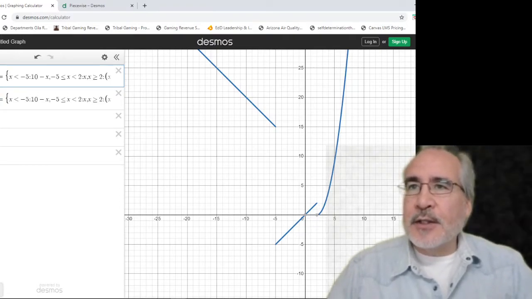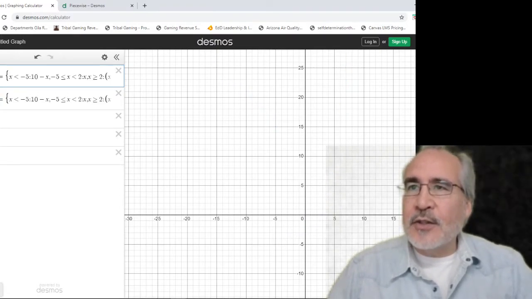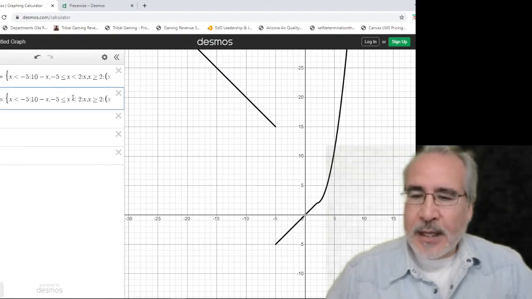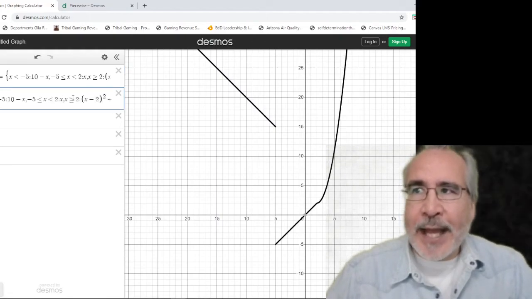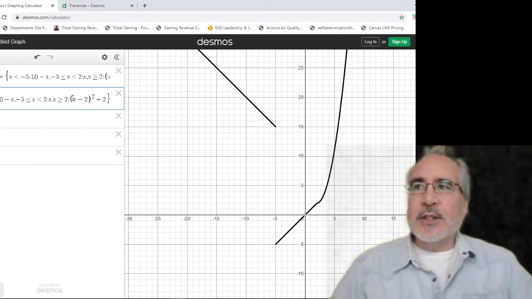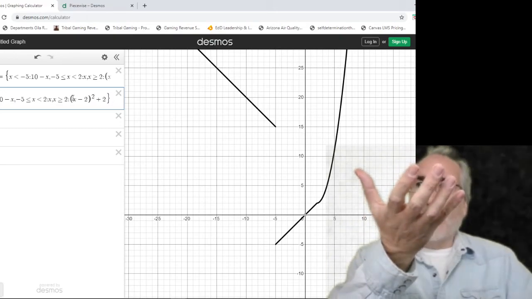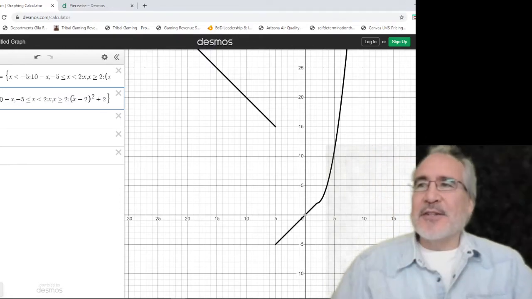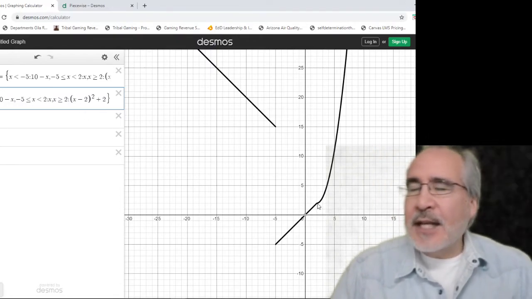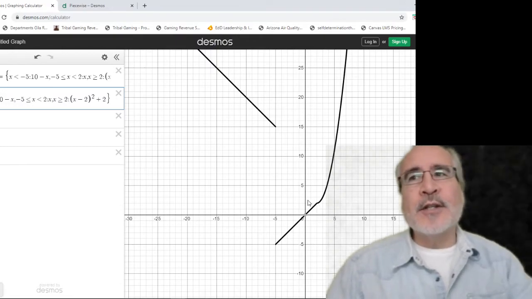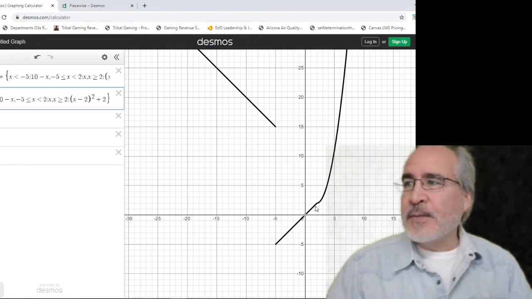So I'm going to turn this one off, turn this new one on. What I did on this last function is I took what we had and added 2, which is a vertical shift upwards. And now look at this. They are connected. It is no longer discontinuous at 2.